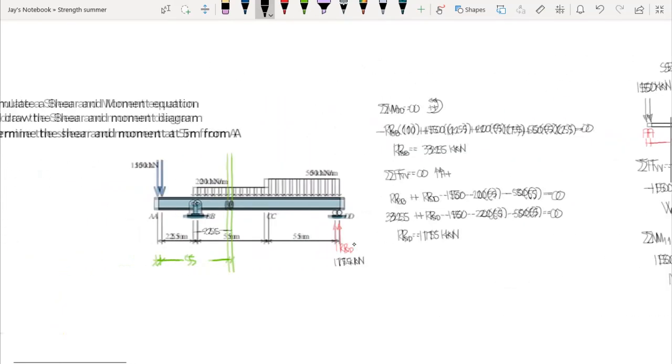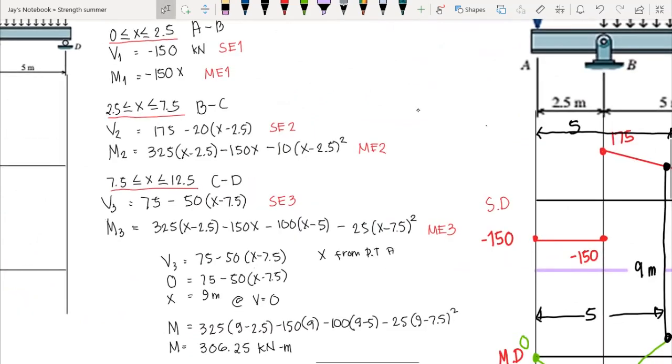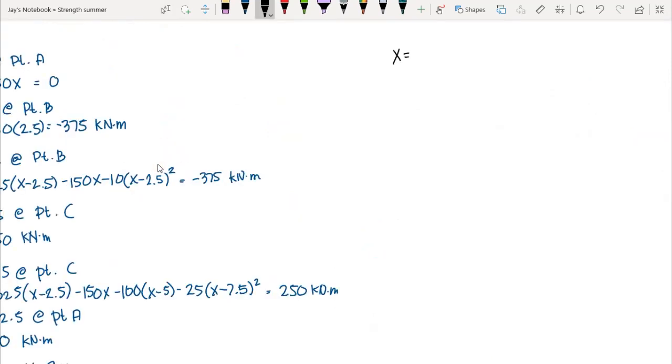So we need to use the shear and moment equation of our segment BC. So we will be using this equation here, that is the 175 minus 20x minus 2.5 for shear, and for moment this one. X is equal to 5, okay? So we are determining the internal shear and the internal moment.